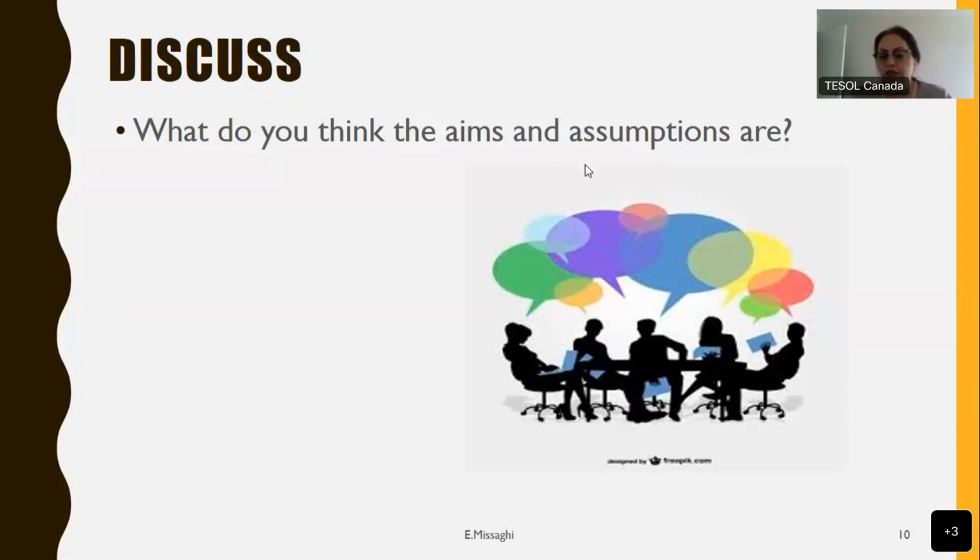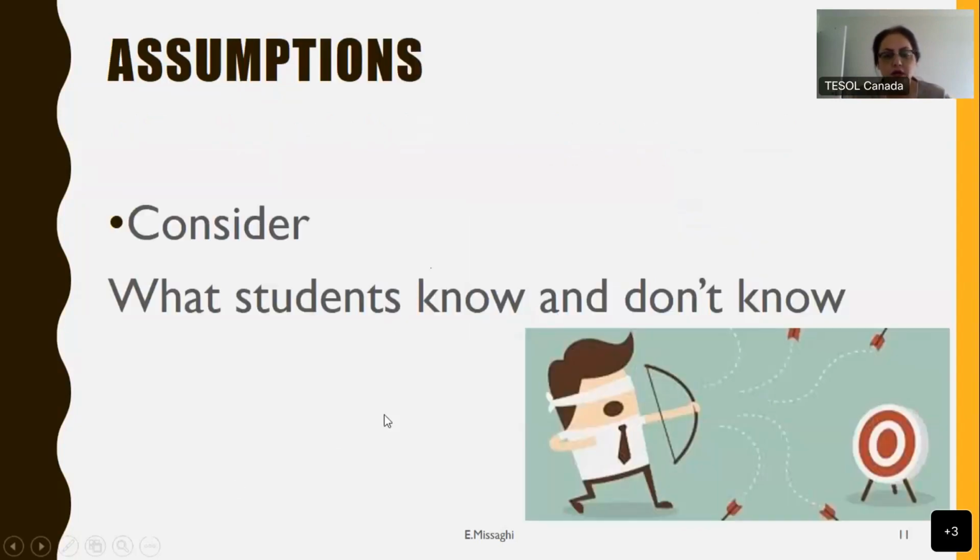Okay, thank you. In lesson planning, when we say assumptions, it means what we teachers think our students already know. What the students know, that goes for assumptions.